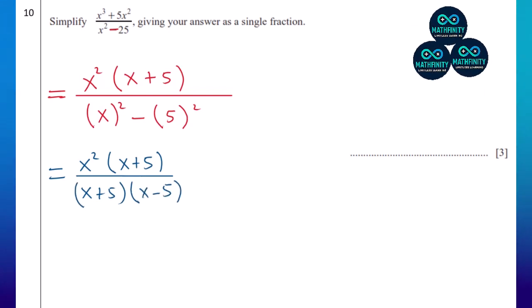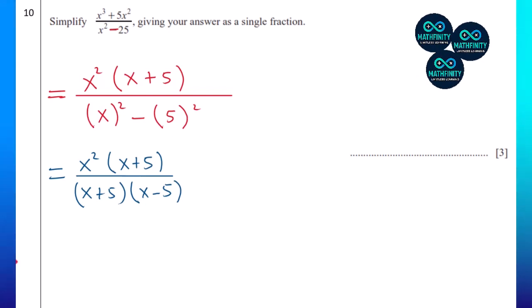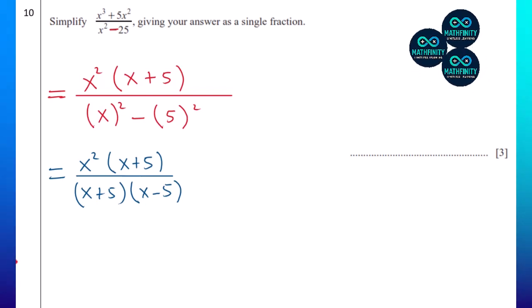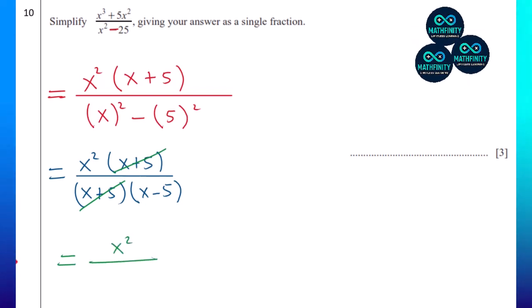After this, you have to concentrate on which factor from the numerator and denominator we can cancel. So x plus 5 and x plus 5 we can cancel. So what is left here? X square over x minus 5. This is the final answer.